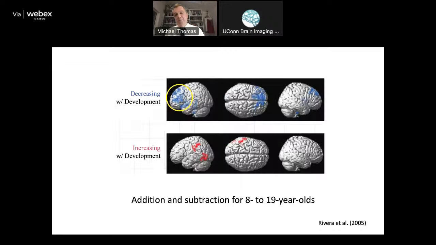If you then look at the functional brain activation over development, you find decreasing involvement in prefrontal areas as they get better on the task, and increasing involvement in the kind of posterior parietal and temporal areas, as if you are sort of automating and pushing back to the conceptual, procedural, fact retrieval areas, and you are requiring less concentration and executive function involvement in order to do these tasks.